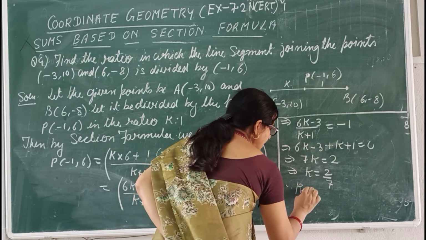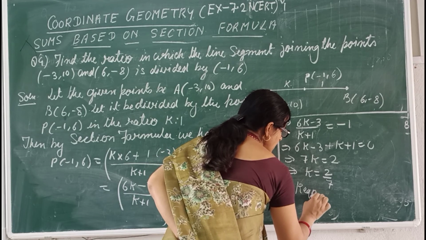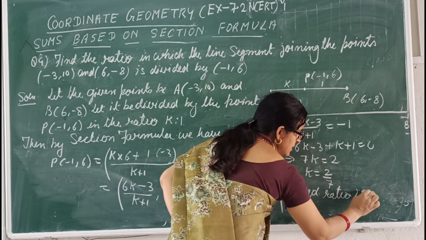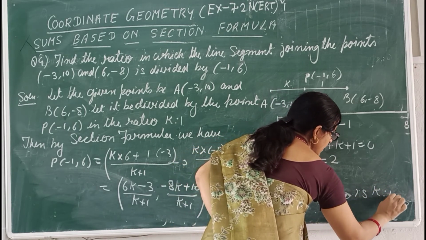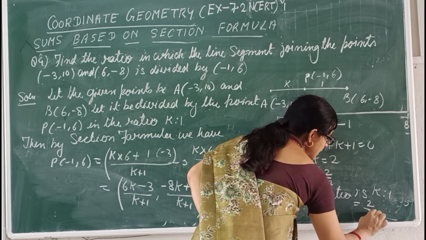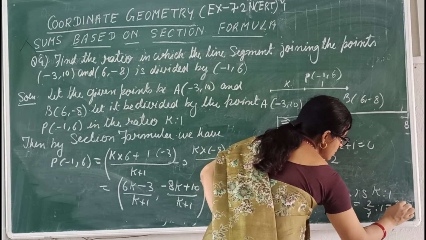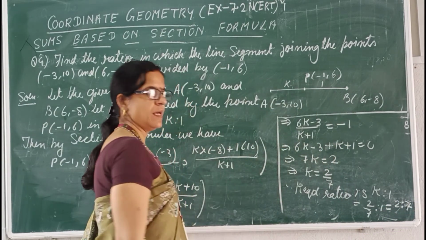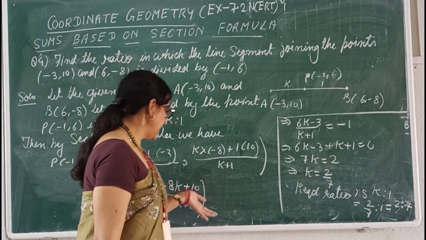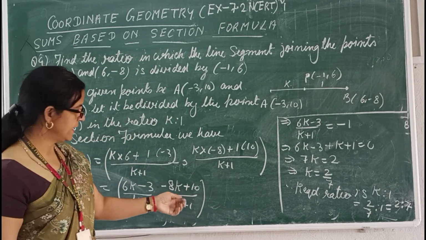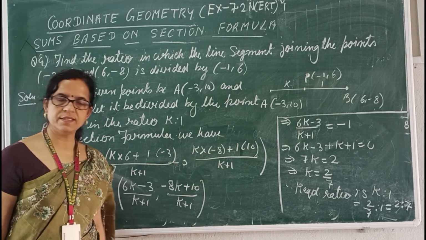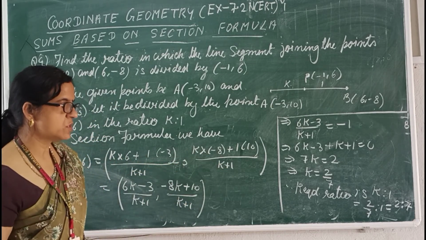Therefore, the required ratio is k is to 1, equal to 2 by 7 is to 1, equal to 2 is to 7, and this is the answer. And if you equate the y coordinate, that is (-8k + 10)/(k + 1) = 6, you will get the same value of k, giving 2 is to 7.